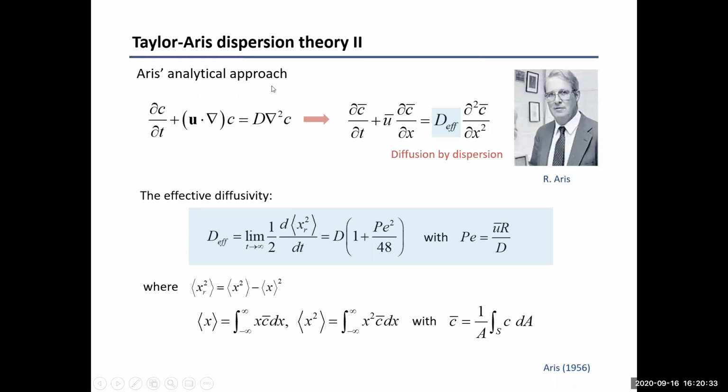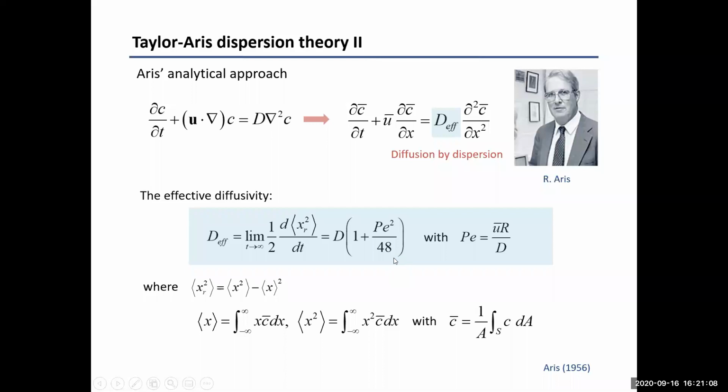And then he computed the average concentration with a cross-sectional average, and he calculated the relative displacement by evaluating the first order and second order moments of this mean concentration. And then he used an expression from the fluctuation dispersion theory, and he managed to get the effective diffusivity, which compares very well with the results of G.I.